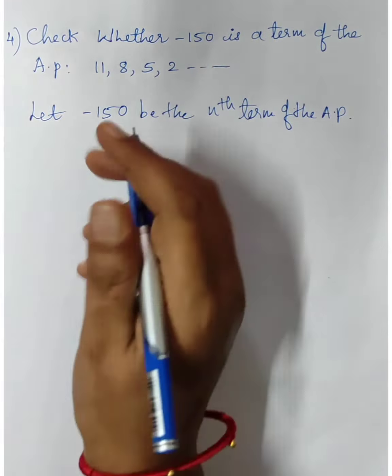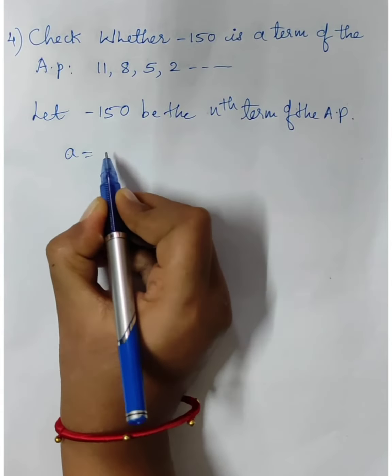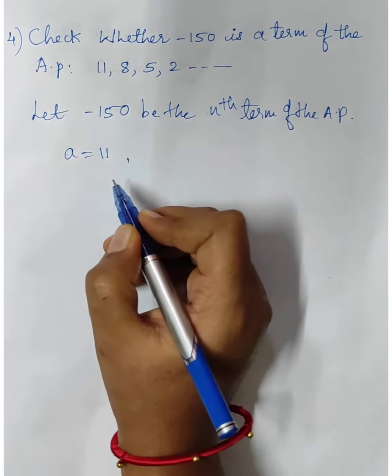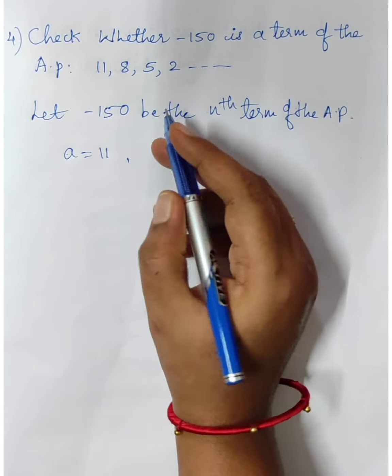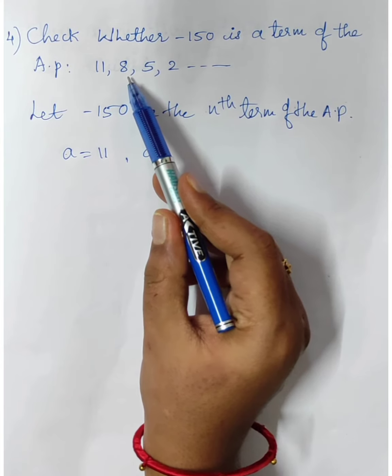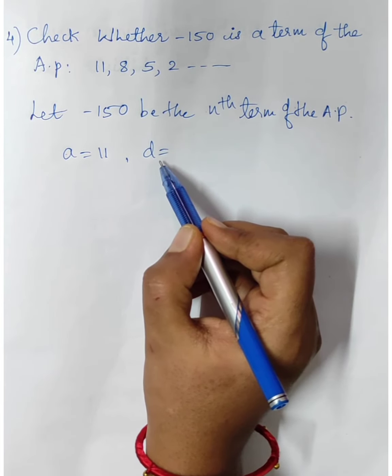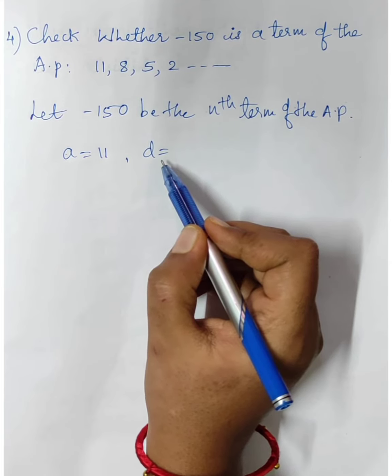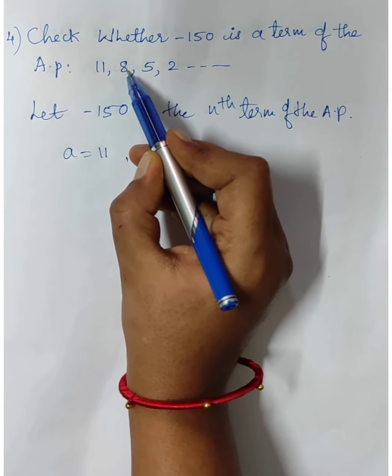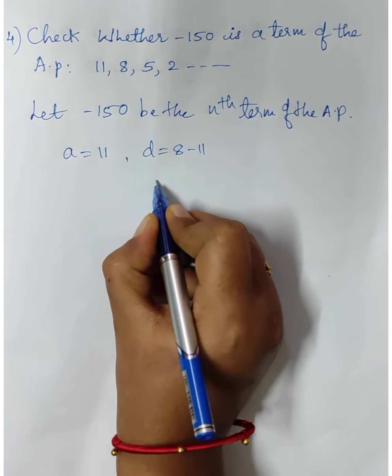Now write the given things first. So first term is what? a, that is 11. Okay. d is how much? So I am going to solve it directly here because already I have told you how to find the value of d, that is a2 minus a1. So this is a2 now. So 8 minus 11. So d is how much?